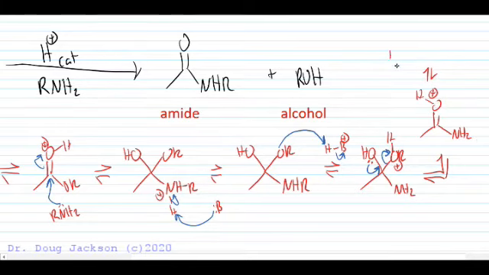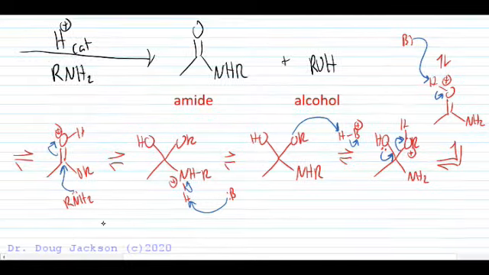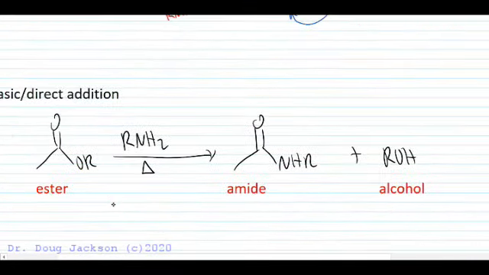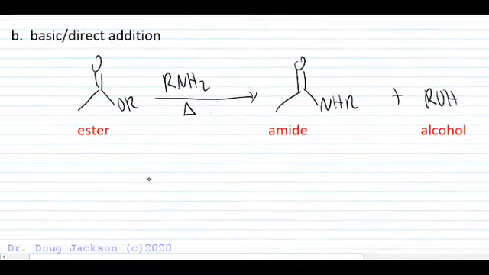Base from solution then takes that proton. So a slight excess of amine wouldn't hurt. Just don't need to have an excess of proton. Okay, but that mechanism is feasible for alcoholysis of esters.